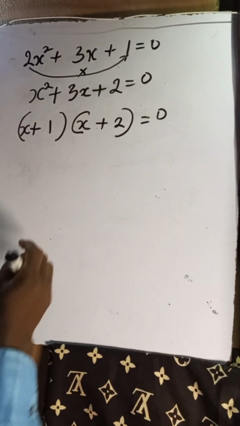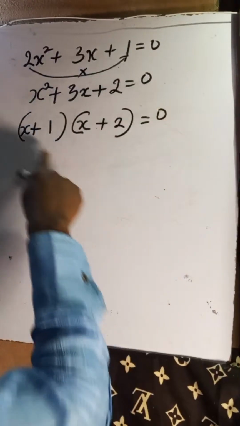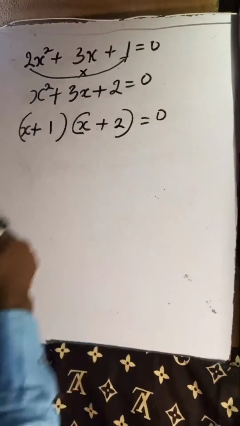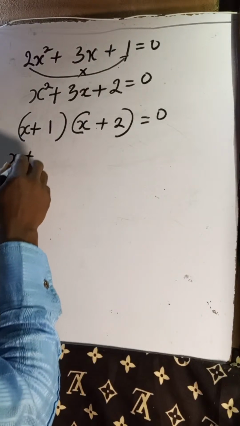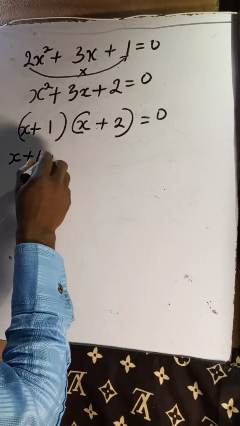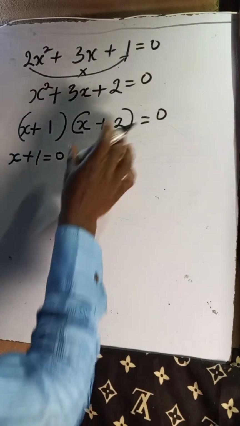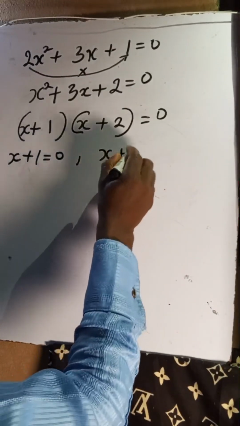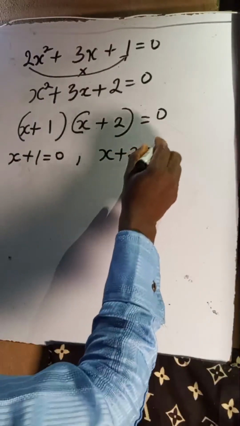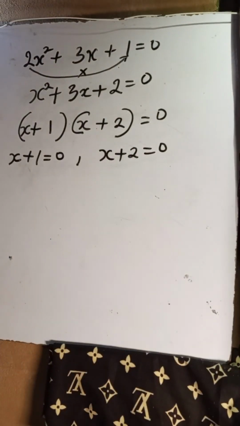Then the next phase is for us to equate each of them to 0. That gives x plus 1 equals to 0. Then do same here. It means we have x plus 2 equal to 0.